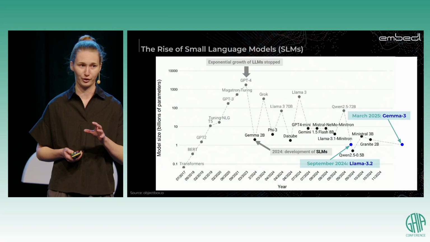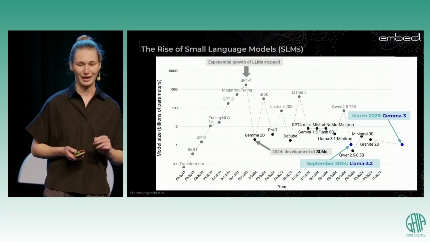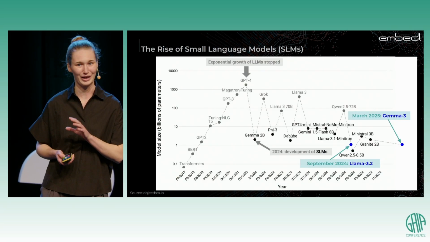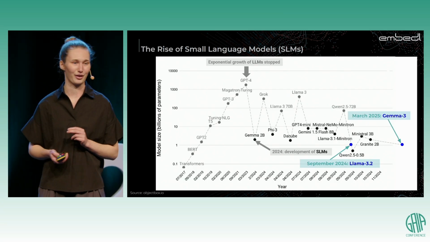And here we have seen now a big rise in small language models. Nearly every couple of months, you see a new model coming up. And today we're going to talk about 2 of them. One of them being Llama 3.2, which was released September 2024, roughly half a year ago. And the other one, quite recent, Gemma 3, just released last month in March.